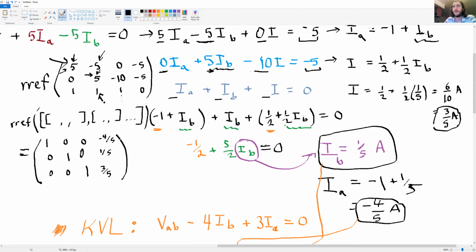And once you've done that, your last task is to make this number right here a 1. Once you've made that number a 1, you use it to cancel these two numbers here. Once you've done that, you've achieved reduced row echelon form. The numbers that you have on the right side of your new matrix where you've done these row operations will be your answers. I don't know if you guys have seen this in your algebra, calculus or linear algebra courses, so it's definitely something that you want to learn. It makes solving these problems a lot easier.